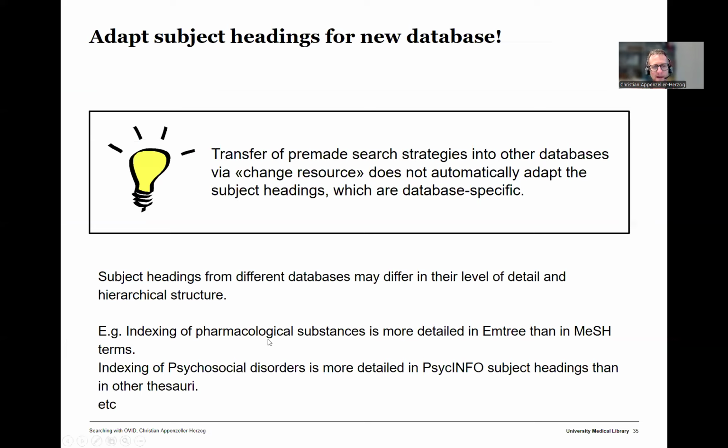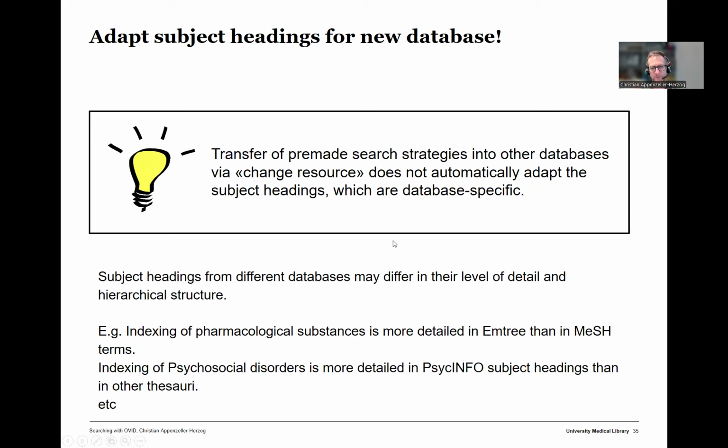Now the same is true for psychological disorders. You can expect that these psychological disorders are indexed in a way more detailed way in the PsycInfo subject headings than, for instance, in the MeSH disorders. So this is also the basis for the complementary nature of these different databases.